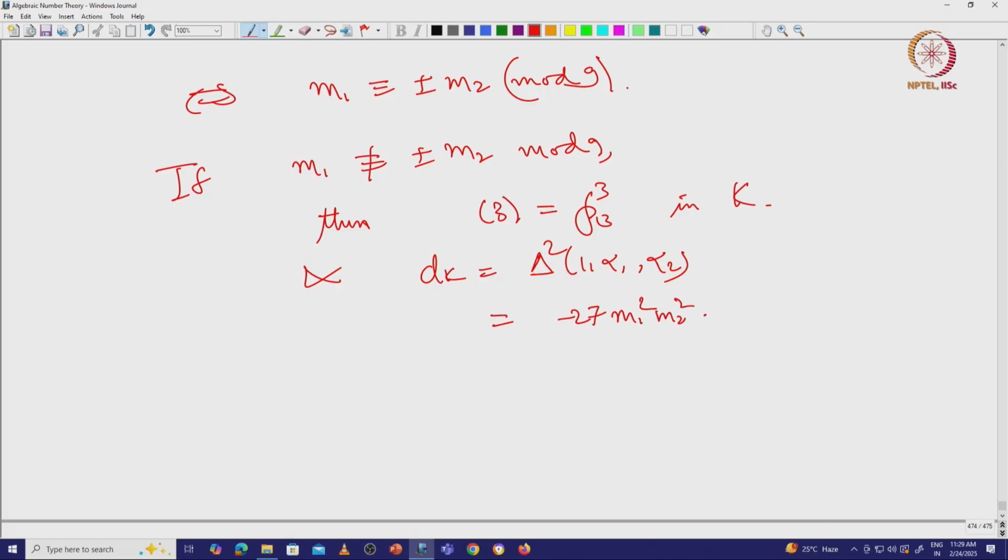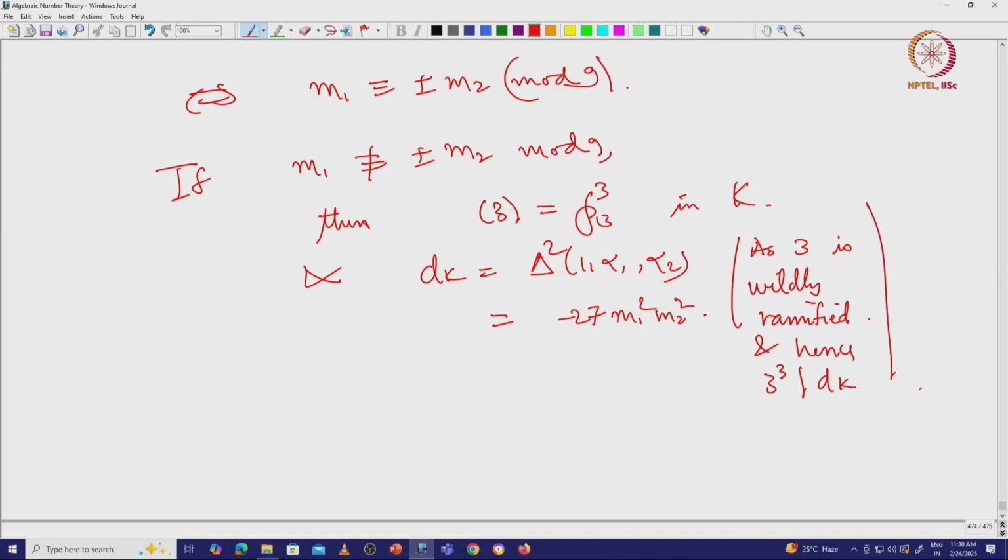This is because 3 is wildly ramified, and hence 3 to the power 3 divides the discriminant. We proved a result like this about the different, and the discriminant is simply the norm of the different. So, P3 cubed will divide the different of K over Q, and hence 3 cubed, which is the norm of P3 cubed, will divide the discriminant of K over Q.